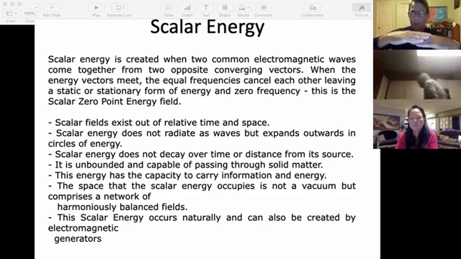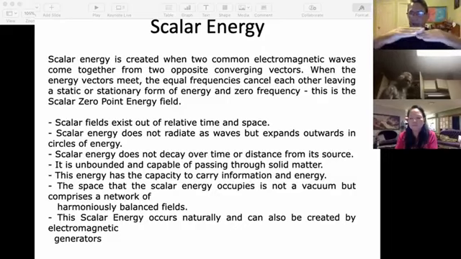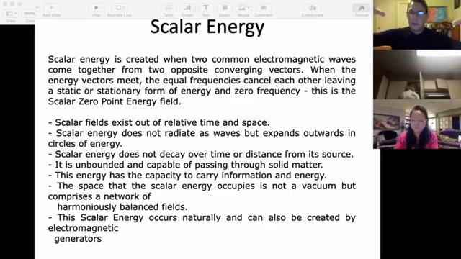These scalar waves are basically like compression longitudinal waves, like sound waves. So they radiate out in all directions, as opposed to electromagnetic frequencies, which travel in a particular vector in a straight line. But when those two straight lines come together and match, they can neutralize to create the circular standing waves, which is what we call the scalar zero-point field.